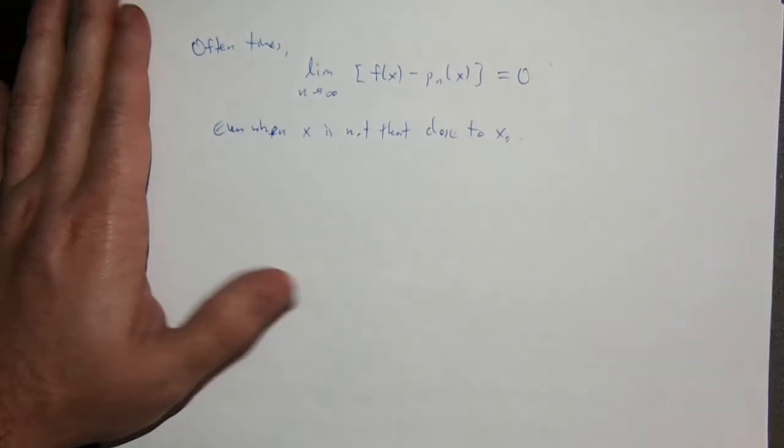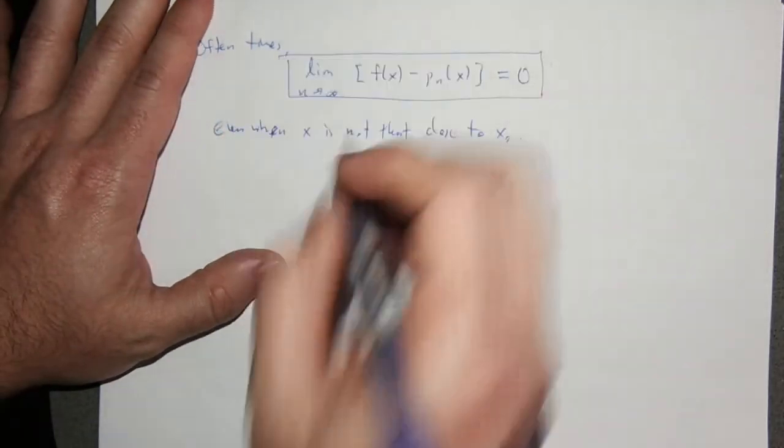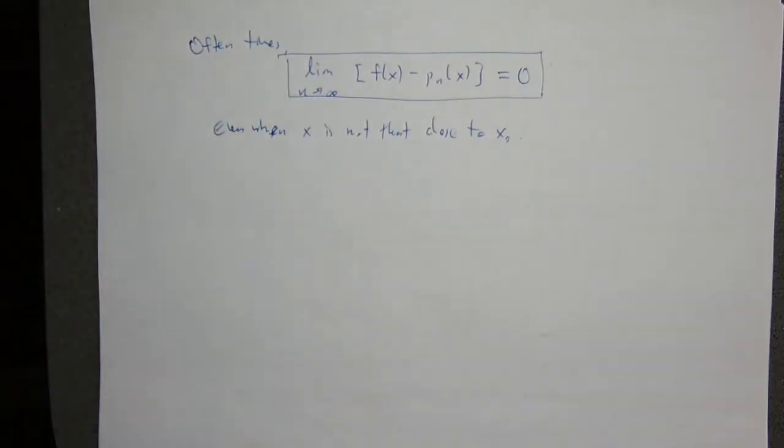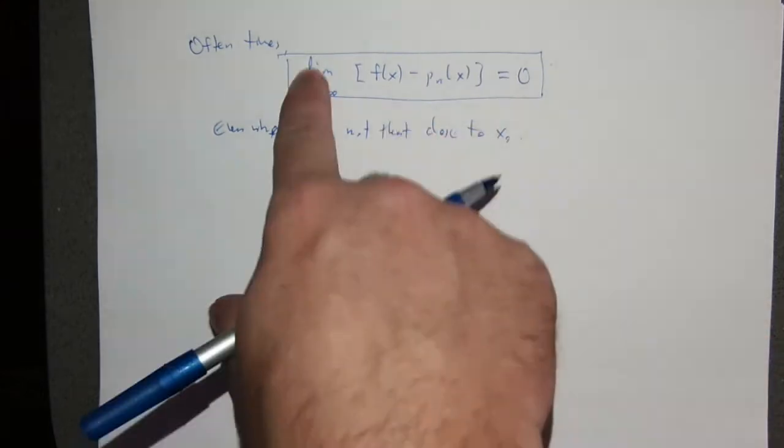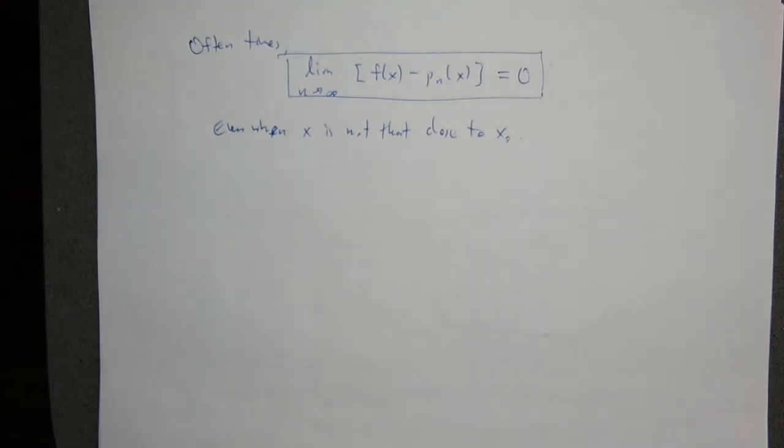So that's really nice, because in this case, as we'll see, we are going to say that this function f is equal to this limit as n goes to infinity of this p sub n of x in some way.